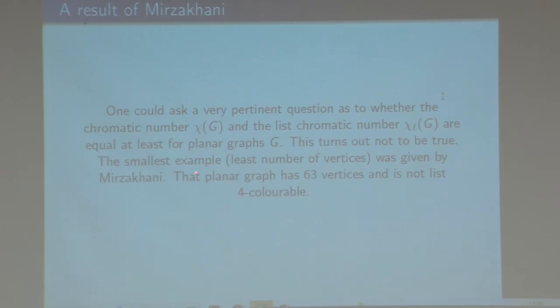At present, the one with the smallest number of vertices has n equal to 63 vertices, and this is an example by Fields medalist Mirzakhani. It is a complicated graph. It's actually drawn on a full page. I'll get to this towards the end of the talk when I give references.